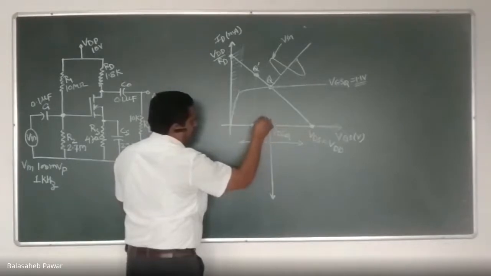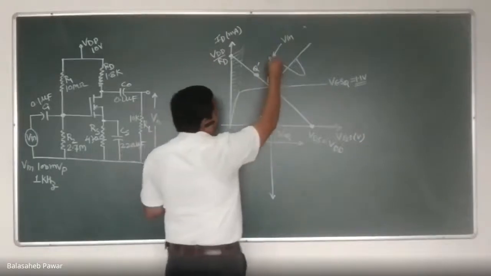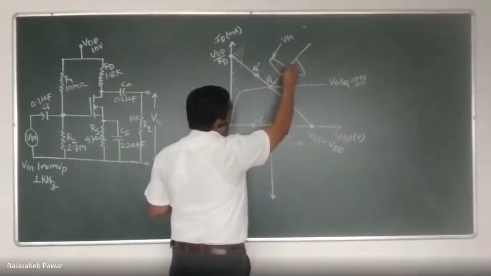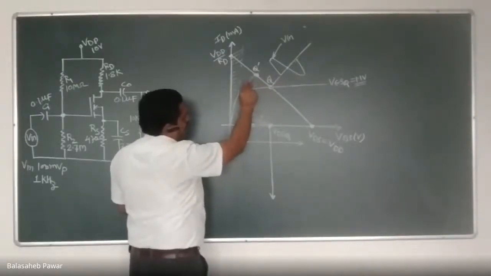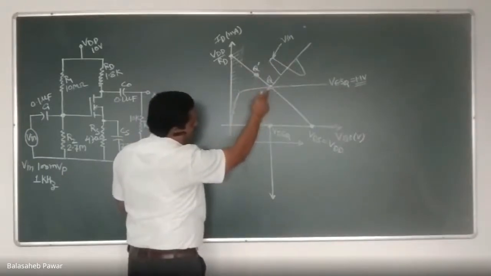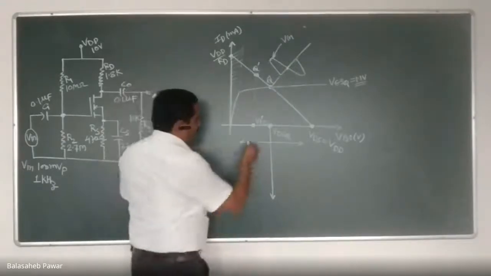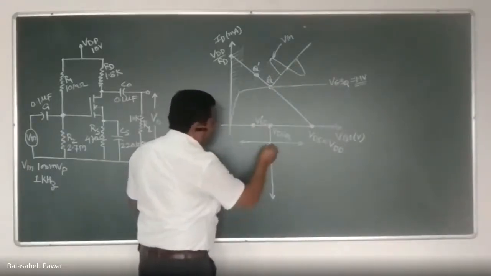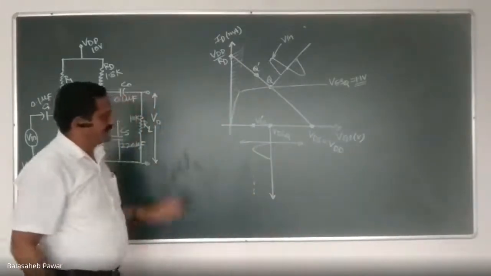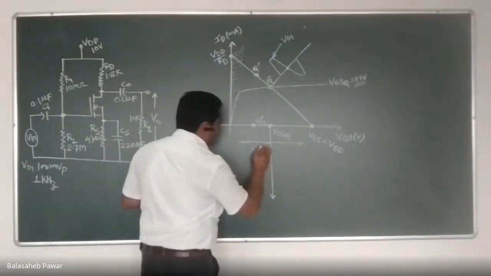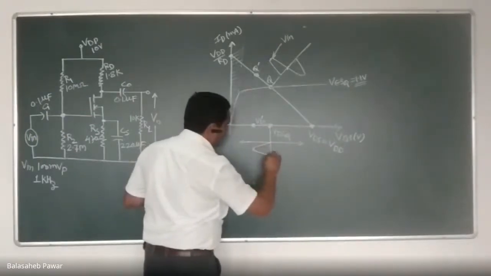This is nothing but our VDS dash, from VDS_Q to VDS dash. Again, whenever that input goes from peak to 0, that operating point will get shifted back to its original value, that is Q. So Q dash will get shifted to Q again during positive peak to 0, right? And hence you will observe the change in output voltage, it will be like this. Agree? With the same time period, I will show that time period also equal, that obtained output voltage will be like this.